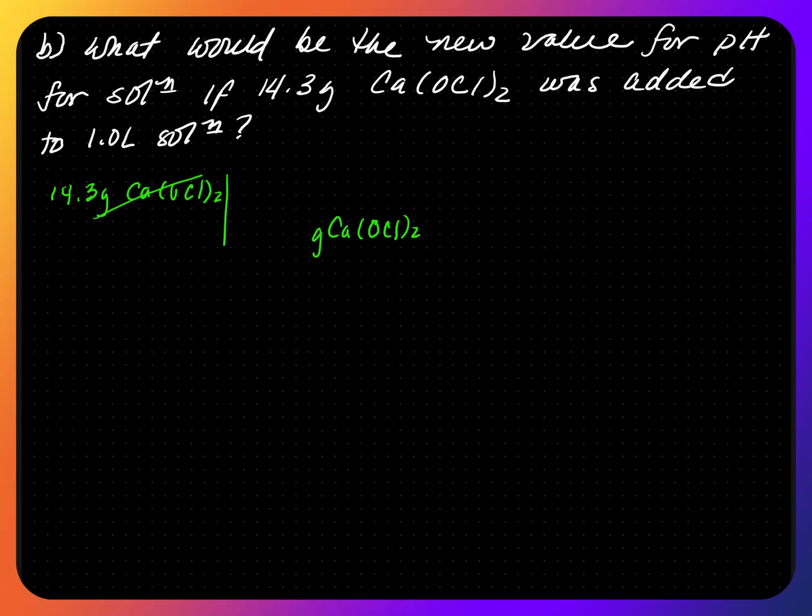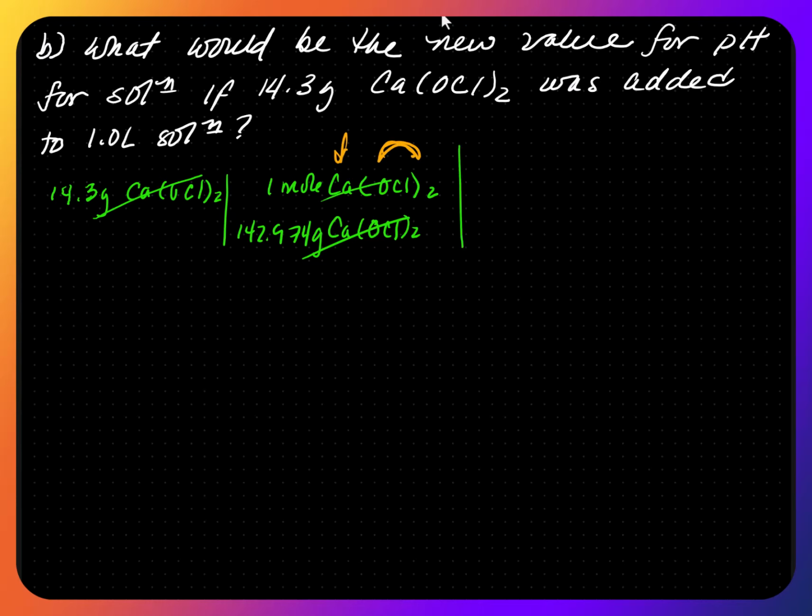To convert to moles, I need to do molar mass, so 1 mole of a substance must equal its mass in grams, which is 142.974 grams. Diagonal units cancel out. Since we are doing the common ion effect, we don't need calcium, we need OCl, the hypochlorite ion.